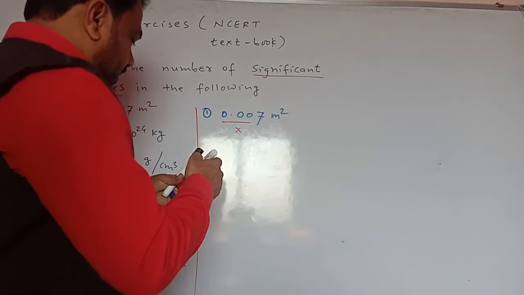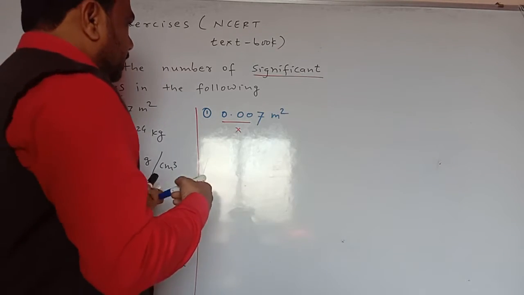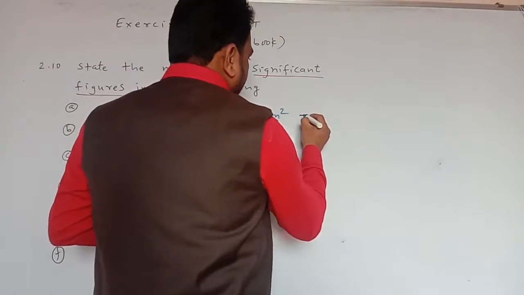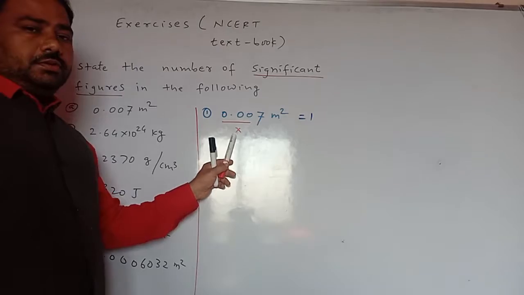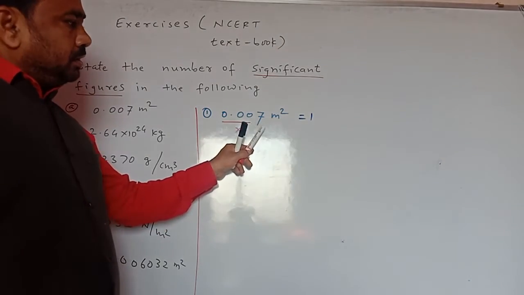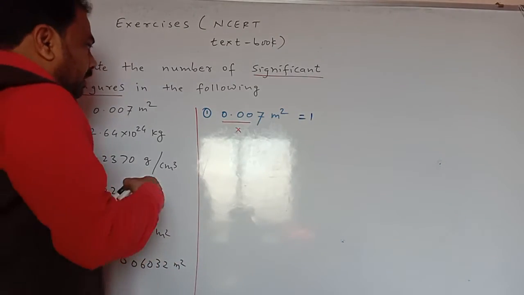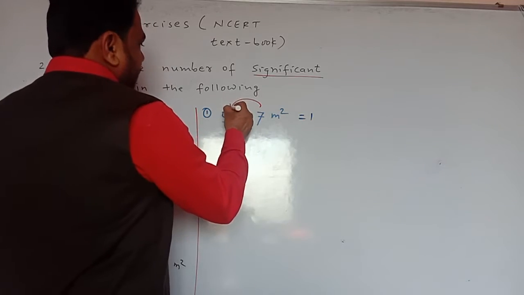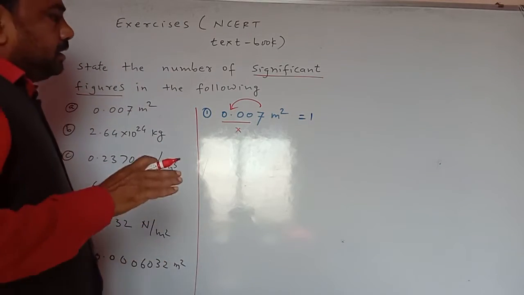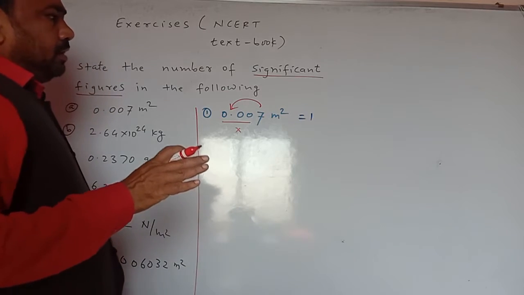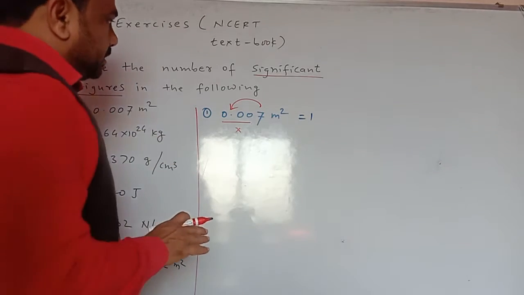So the answer is 1 significant figure. These zeros are present on the left side of the number, and if zeros are on the left side of the number, they do not count as significant figures.